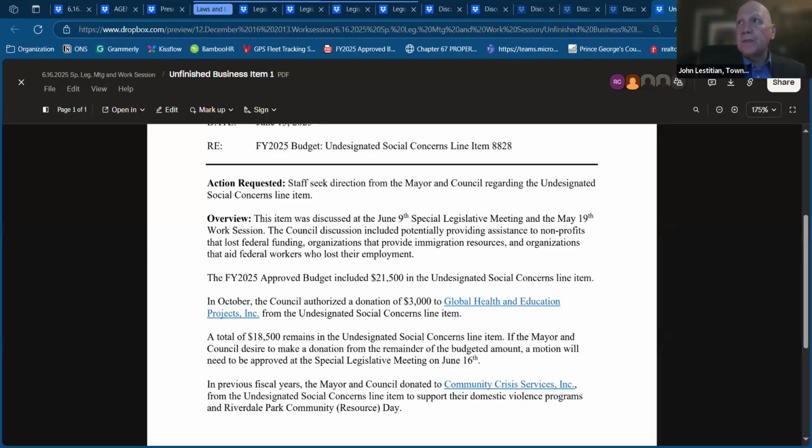My guess is that if the council moves forward as the discussion seems to be going at this point, there may be a move then to amend the fiscal 26 budget, and then you can put it wherever you want it. So I wouldn't be concerned about its restricted use.